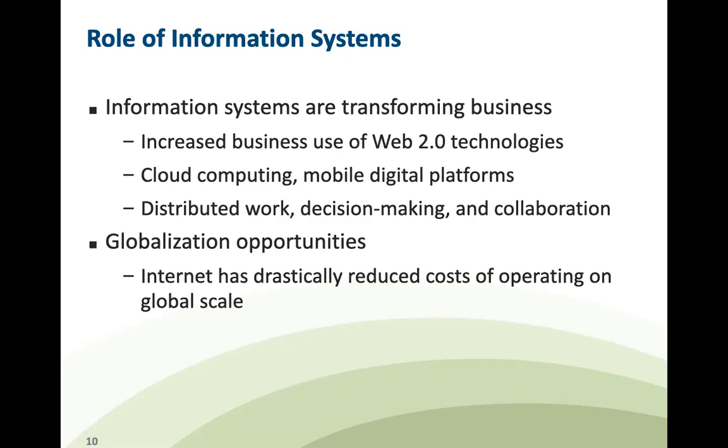So basically, that means through this information system, it's possible to work separately, remotely, but collaborate on the same project, same work, same task. So that's why we call it distributed work. So distributed work, taking decisions, and collaborating is possible with this information system.